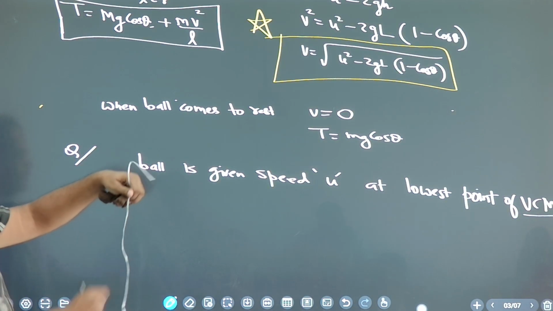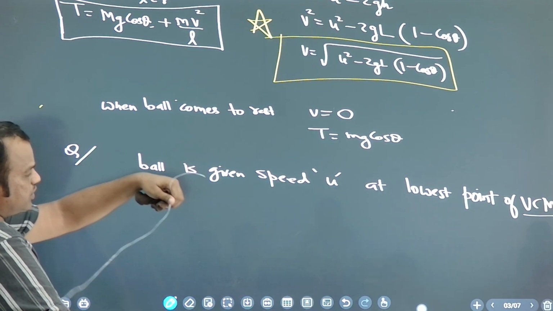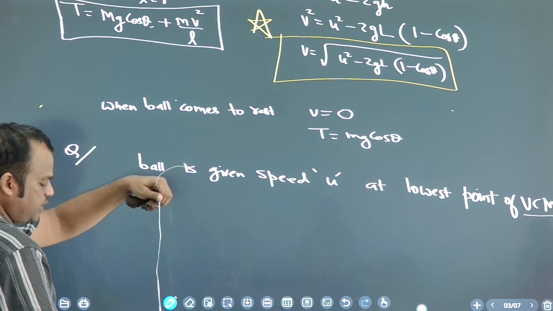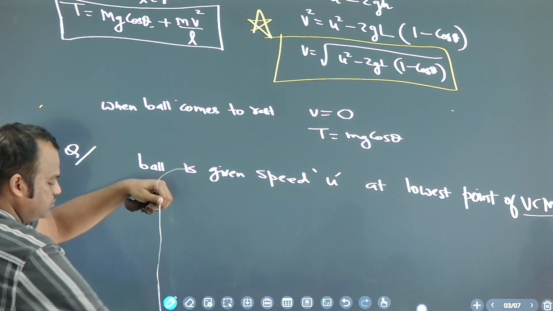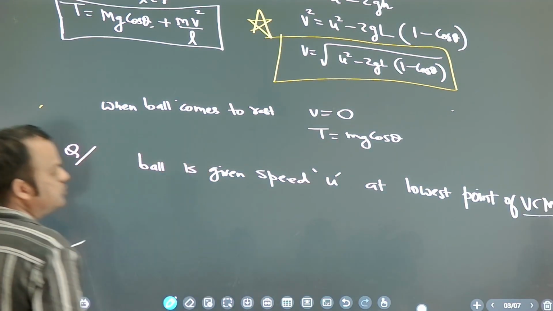This is the lowest point. It is hitting like this. What is the speed you have given? U at the lowest point.